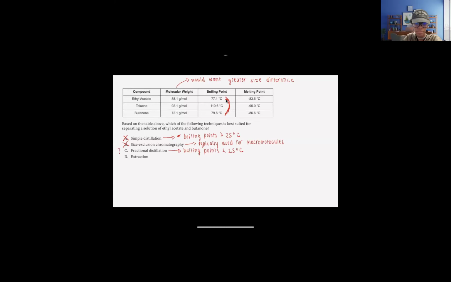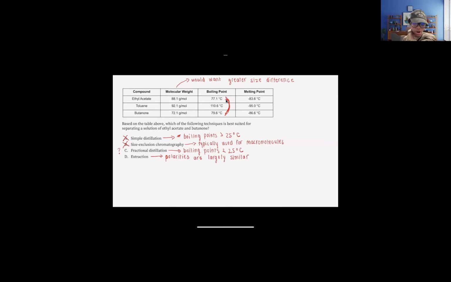And extraction. With extraction, these polarities are largely similar, meaning that we'd be equally likely to find them in the aqueous phase.